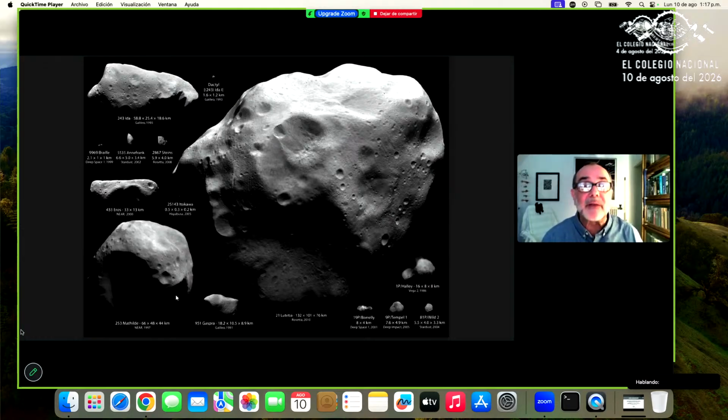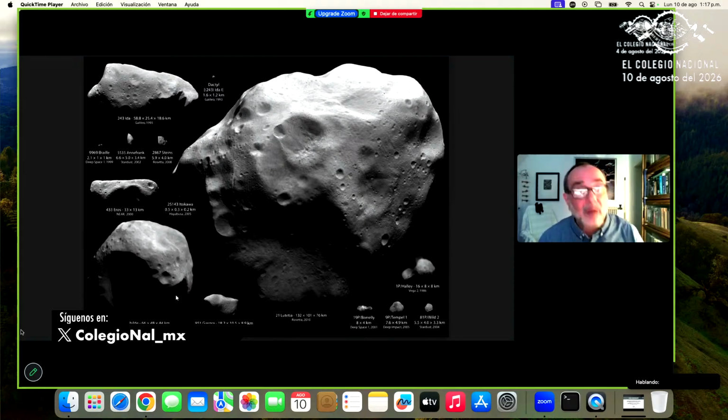And here we have some examples of spacecraft images of some asteroids. What we see is lots of craters, even on the surfaces of these asteroids, which means they're actually colliding with each other all the time, and they leave craters behind.